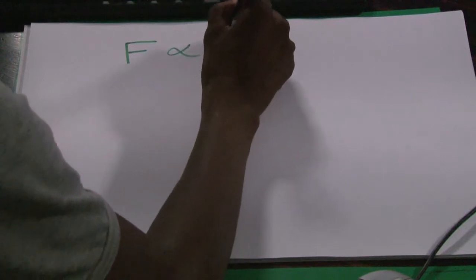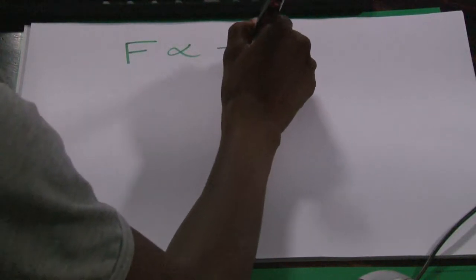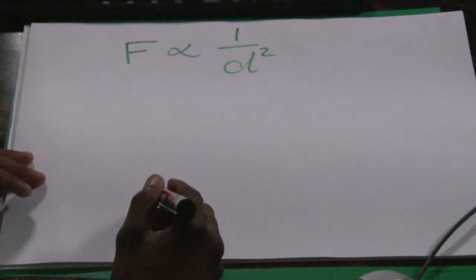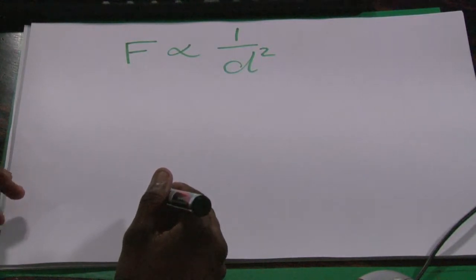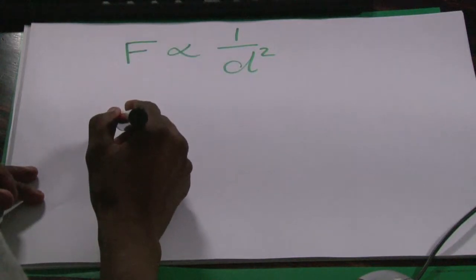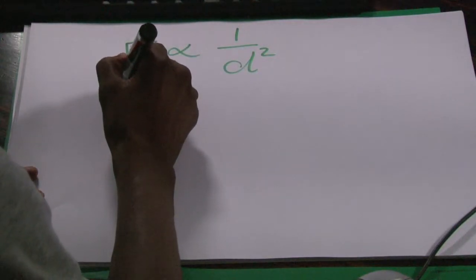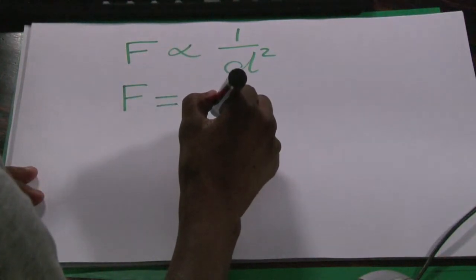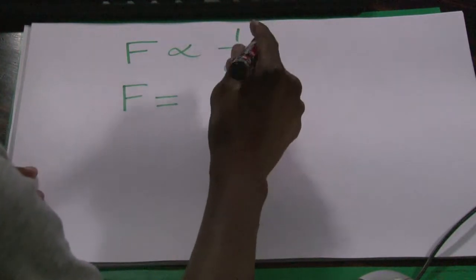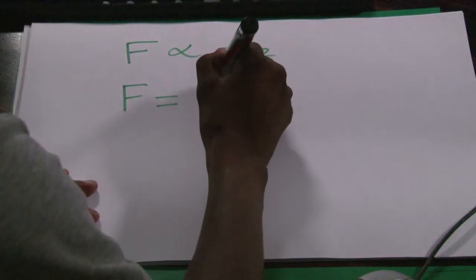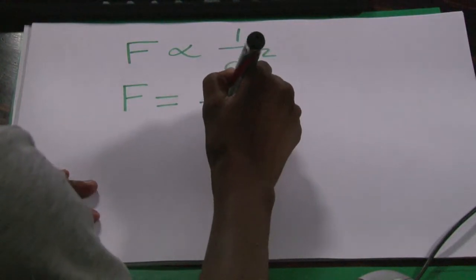So we know that force is inversely proportional to distance squared. Now, this is not an equation. For us to make it an equation, we have to put an equal sign there and multiply what we have here with a constant k. So we have F equals k over d squared.